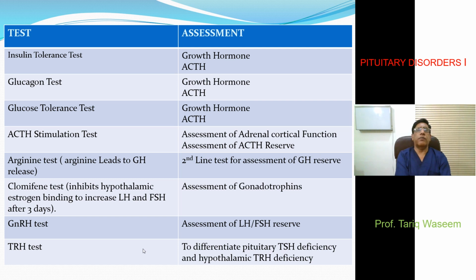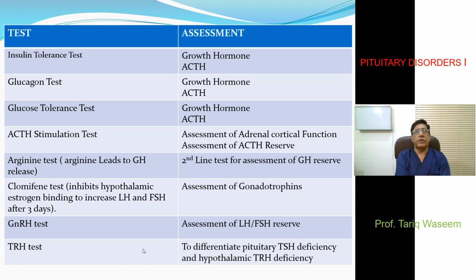So whenever you induce hypoglycemia, you expect the growth hormone or ACTH level to increase. If the gland has the reserves and can produce more, then it will respond. But if it has lost its function to produce growth hormone, insulin-induced hypoglycemia will not lead to an increase in the level of growth hormone or ACTH.